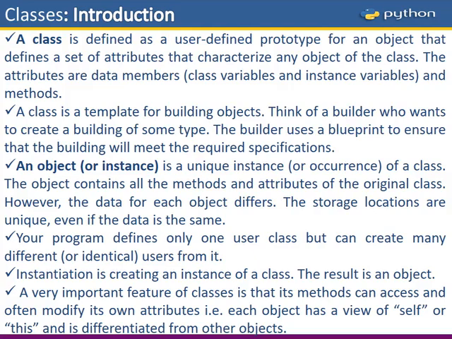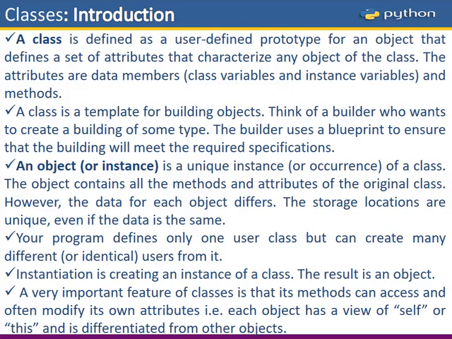So let's see an object. An object, or instance, is a unique instance or occurrence of a class. An object is a real world or digital thing created from a class.